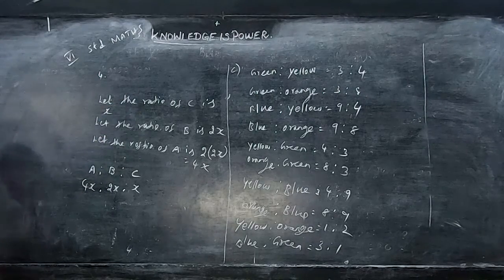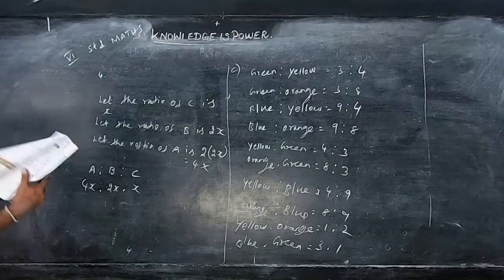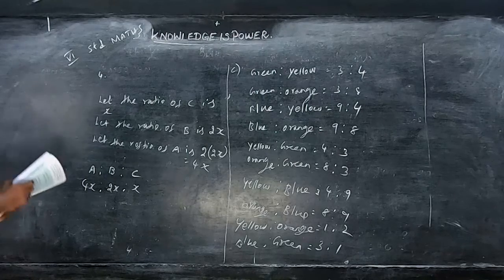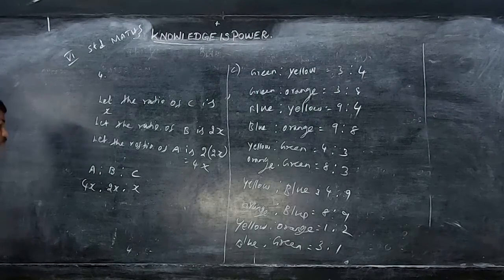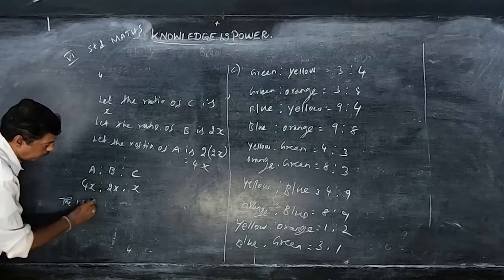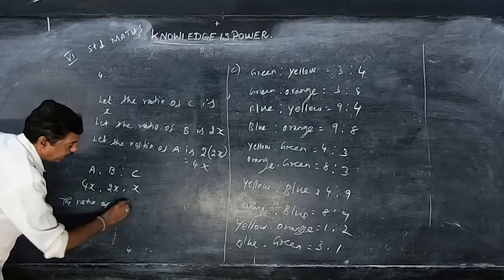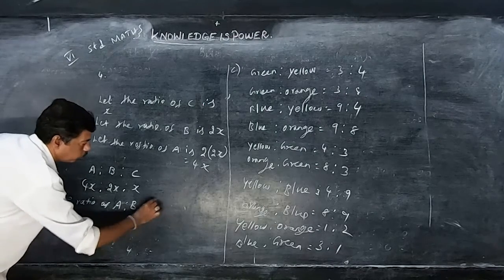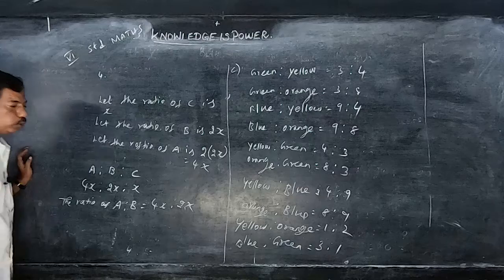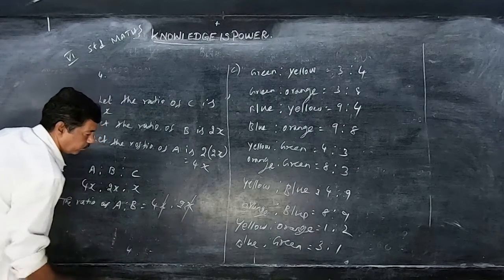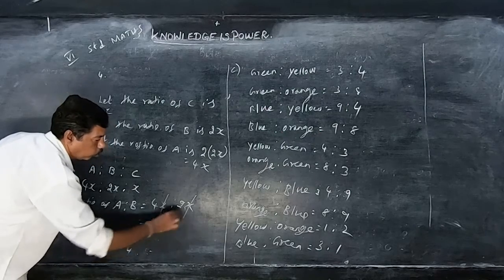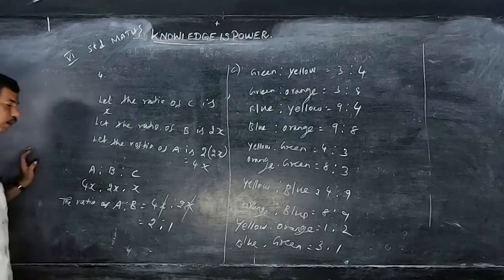And what the question asks in the 2 options: find A is to B and B is to C. The ratio of A is to B is equal to 4x is to 2x. X cancels. 4 2 times 2, 2 1 times 2. 2 is to 1.